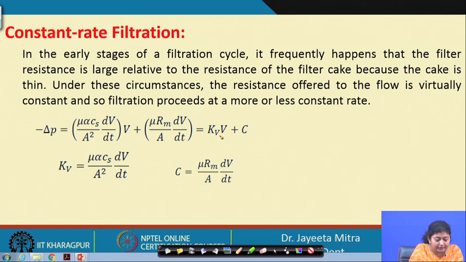So, what are we getting? Minus delta P equals mu alpha Cs by A square into dV by dt into V, plus mu Rm by A into dV by dt.